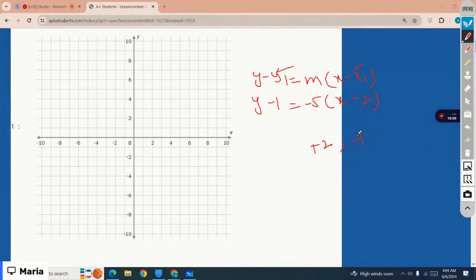That is 2 and 1, and you have the slope, that is m equals -5, right? So basically you need to use these two things, a point and a slope, and you can make the graph, right?